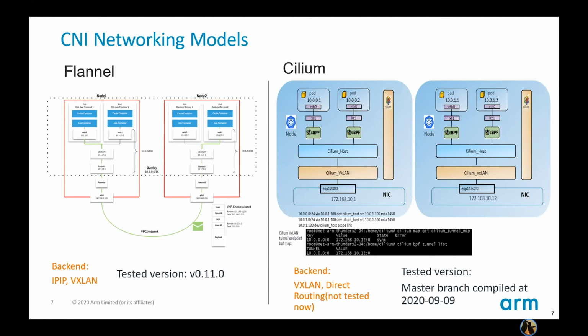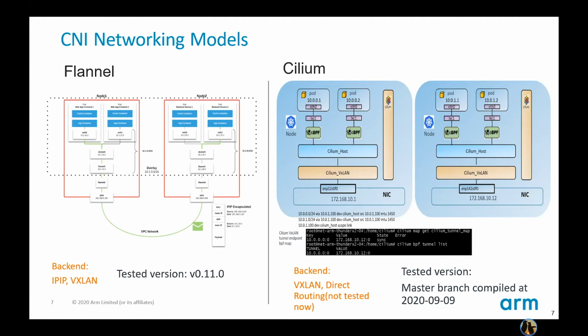It uses a Cilium host to connect all the pods to the host and uses the Cilium VXLAN to connect to the outside world for inter-host communication. Here's the basic networking architecture for Cilium. Cilium also supports the direct routing mode, but we have not tested it until now.